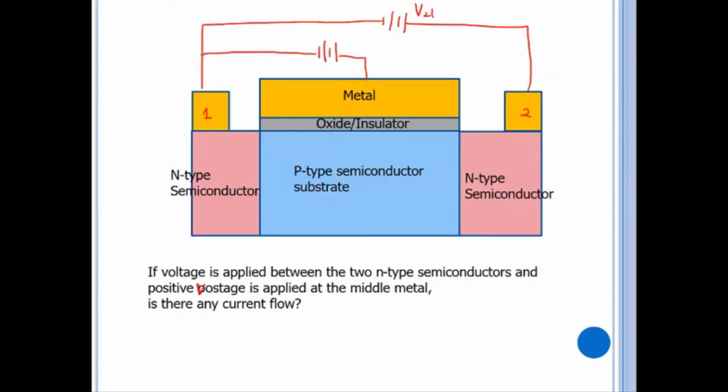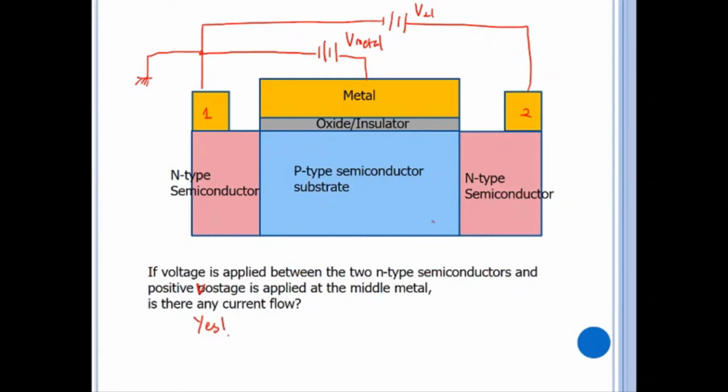This is V metal. So what happened? Will there be any current flow between electrode number 1 and electrode number 2? The answer is yes.